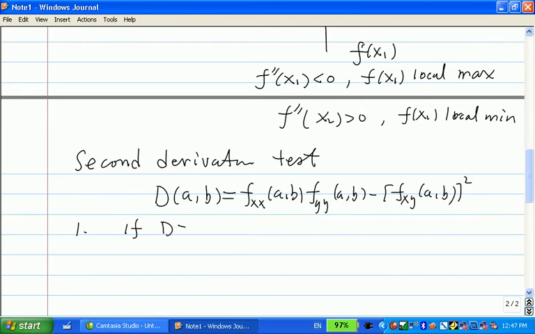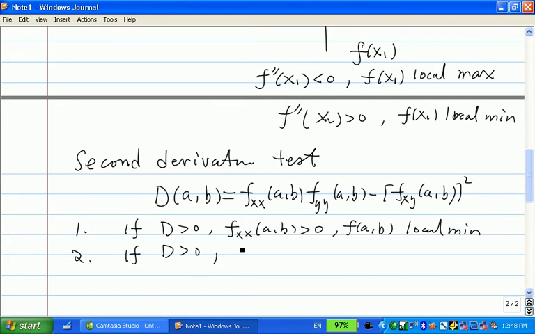Then we have these situations. If D is positive, and f_xx(a,b) is positive, then f(a,b) is a local minimum. Second case, if D is positive and f_xx(a,b) is negative, that means concave downward, then f(a,b) is a local max.